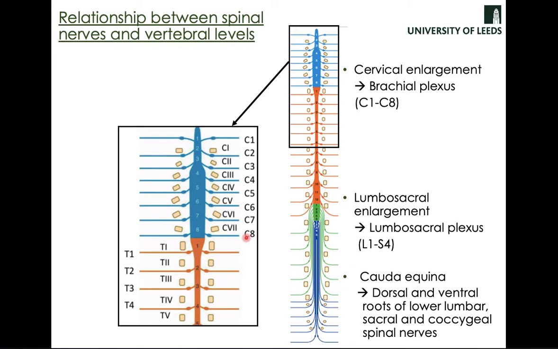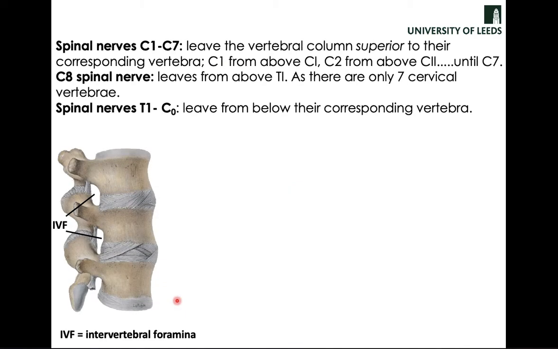The C8 nerve leaves above the T1 vertebrae because we don't have a C8 vertebrae. But at that point, we have a transition point in which the nerves now are going to come below their corresponding vertebrae. So the T1 spinal nerve is going to leave below T1, T2 spinal nerve below T2, and so on and so forth.